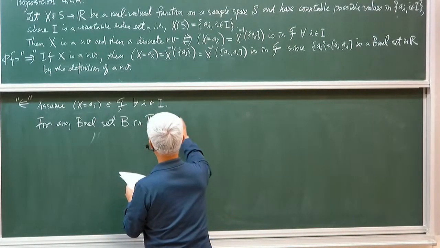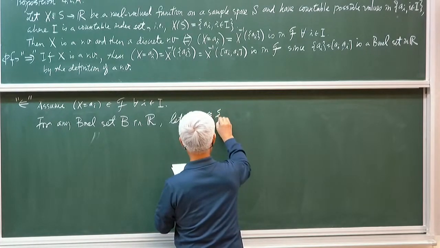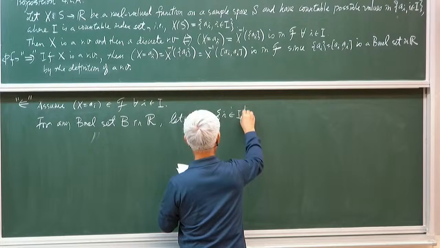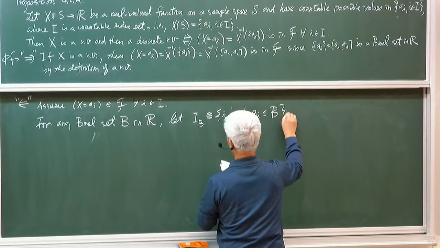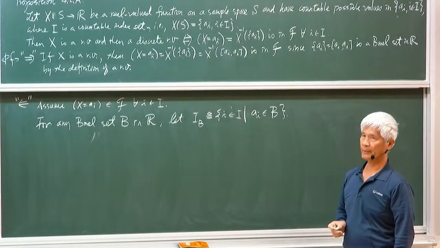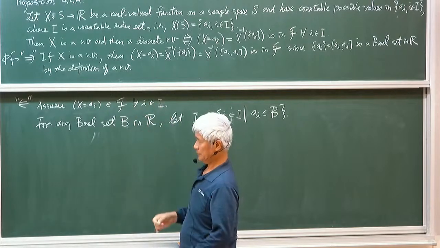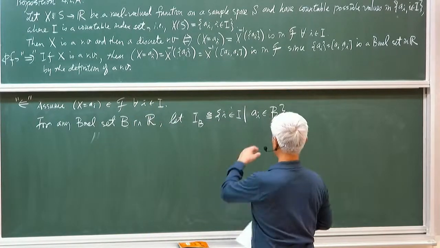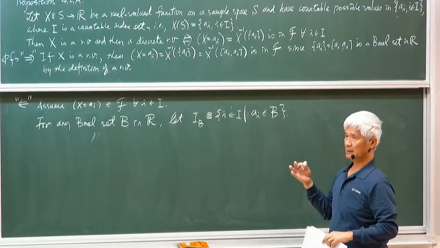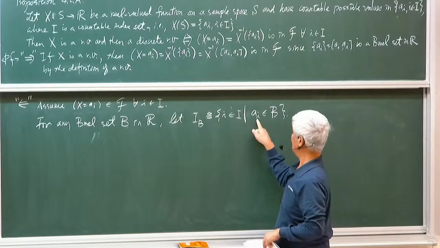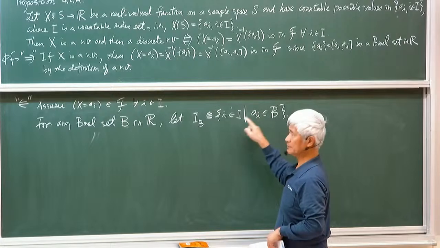We let I sub B be the set of all indices i such that a_i is in B. So for any Borel set B, we collect all the possible values a_i which are contained in this Borel set, and then we take out the indices of these possible values.